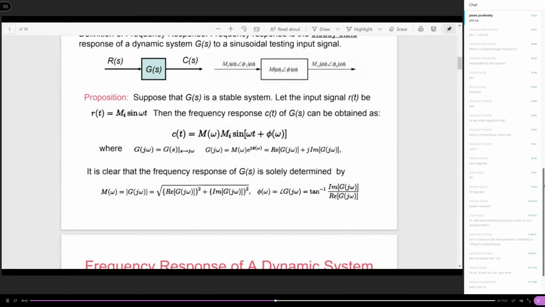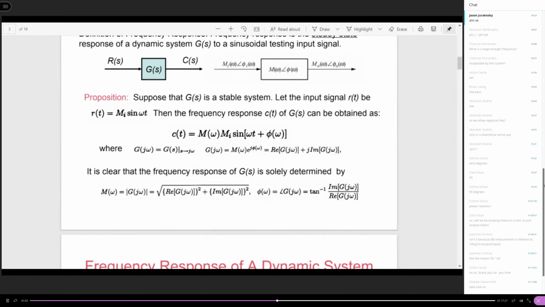So in other words, M of omega represents the capability of the system to exaggerate or reduce the input signal's magnitude. Do you agree with me?